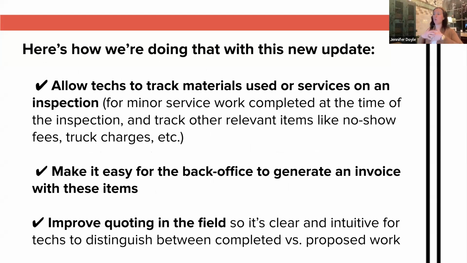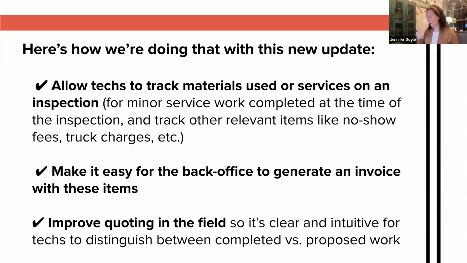So here's what we're doing with this new update. I mentioned this a little bit on the first slide, but we are now allowing technicians to track materials and/or services used on an inspection. This is intended for those minor service work items, right, that are done on site.